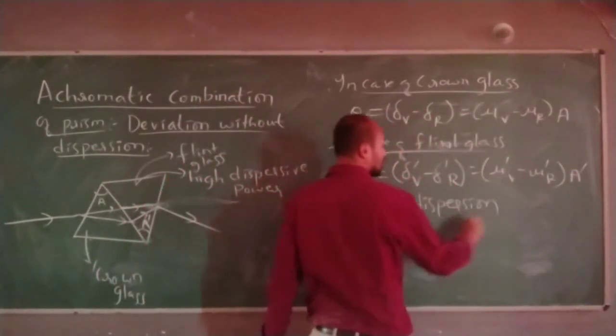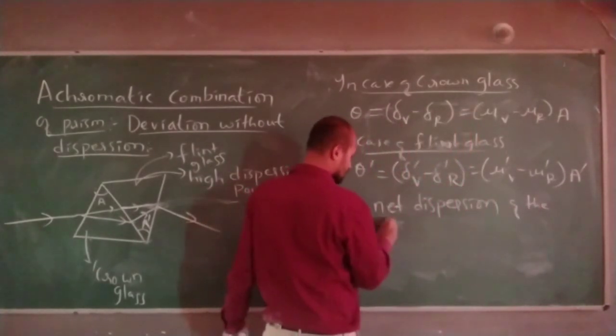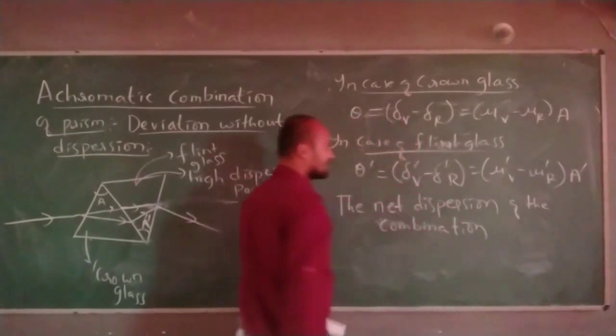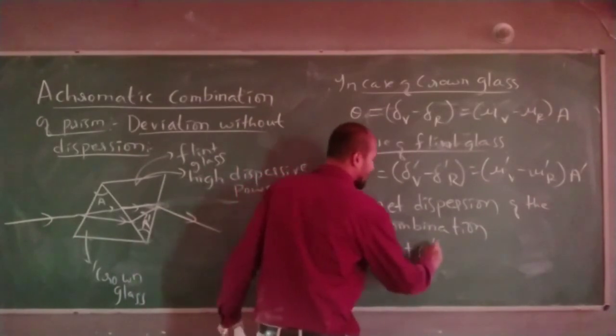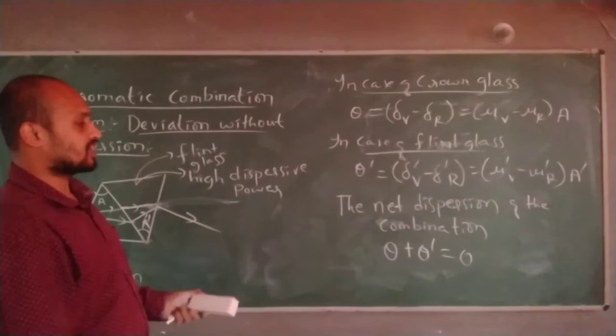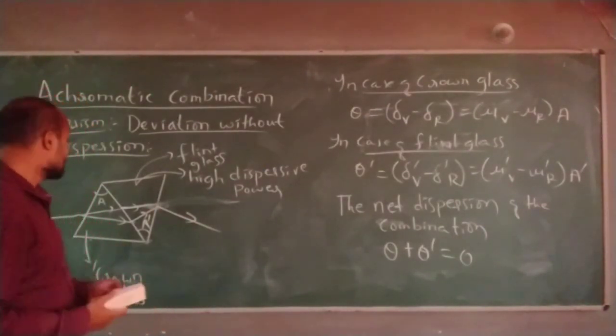So the net dispersion of the combination has to be, that is, theta plus theta dash must be equal to 0. Complete dispersion must be equal to 0. There is no dispersion at all.